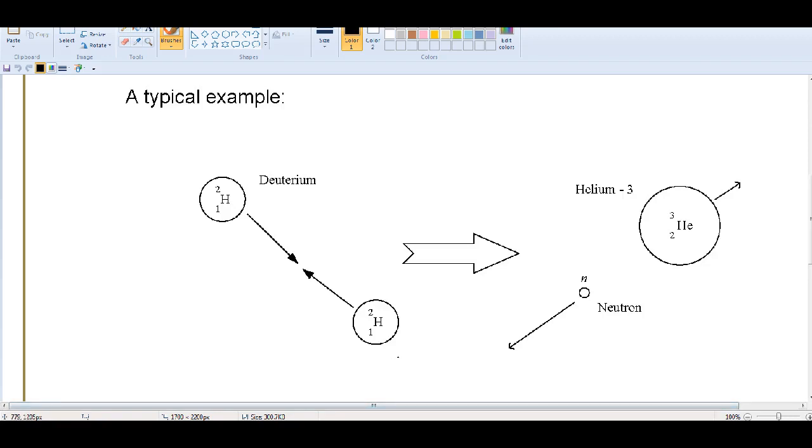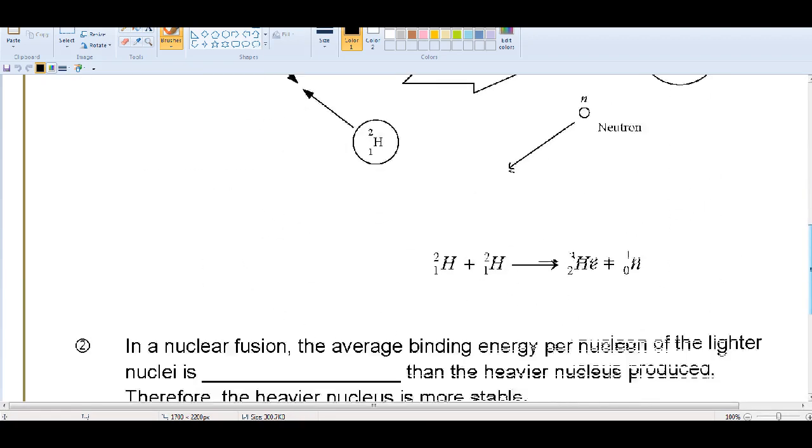When two hydrogen-2 fuse together, they might become a helium and a neutron. That neutron is not as important as in the fission, because that neutron is just a product which is not going to be further used. But that helium is one of the products. In the process you see two lighter nuclei become a bigger nucleus.